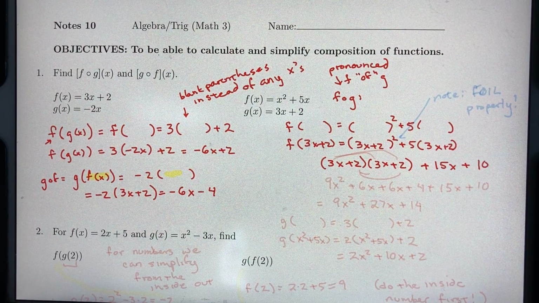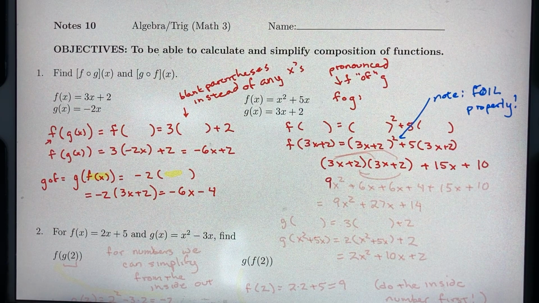I have a little note in blue. Okay, so write it down twice in order to square, and then start FOILing it out.